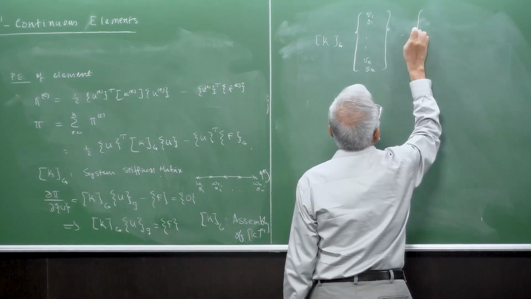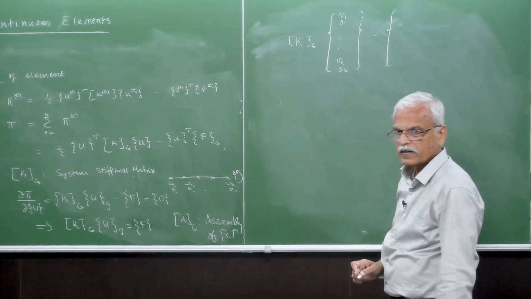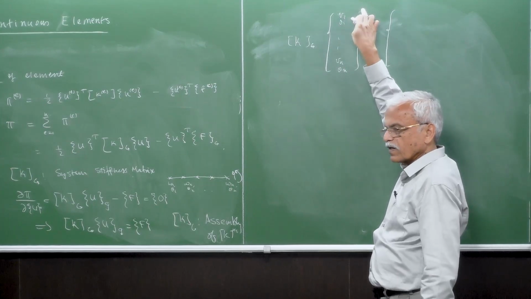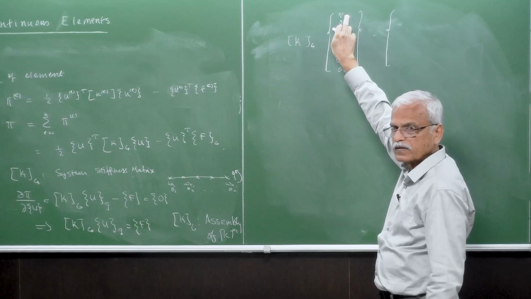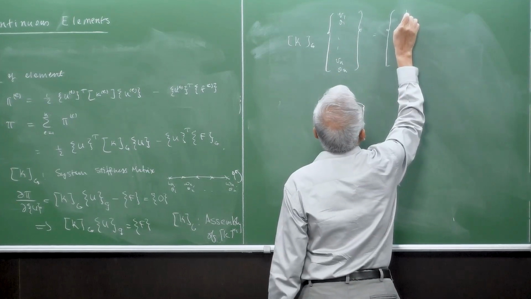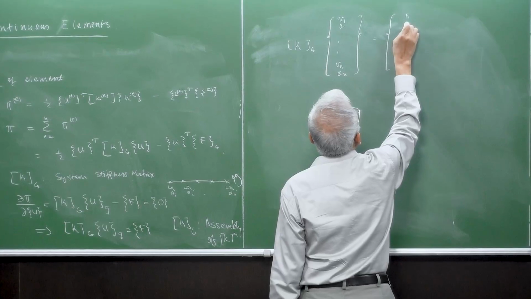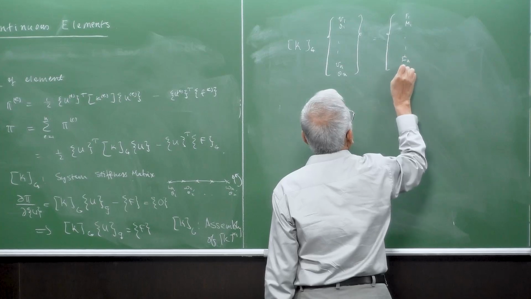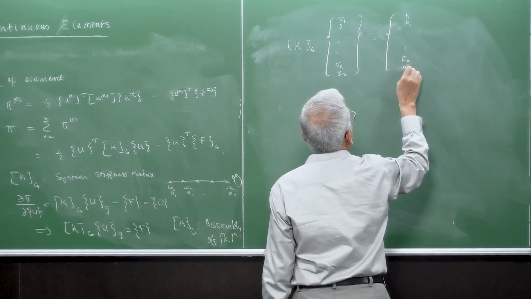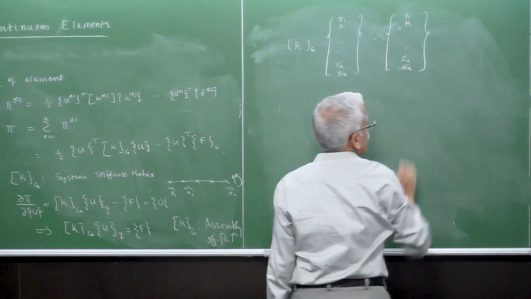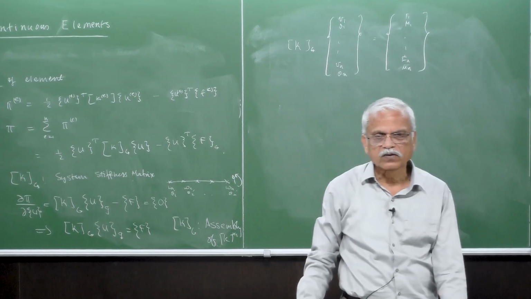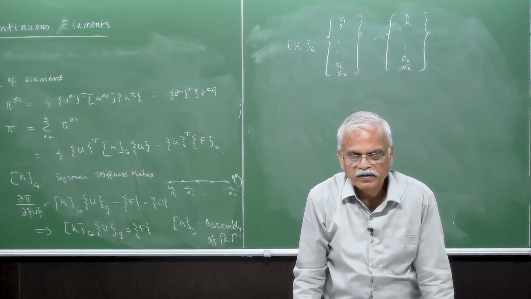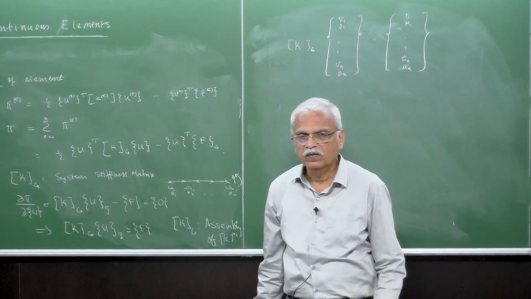So the corresponding force vector here consists of, so the force corresponding to the displacement itself is the force, and corresponding to theta 1 it is the moment, like this. That means the force together with the displacement will do the work, and the moment in association with the slope will do the work.